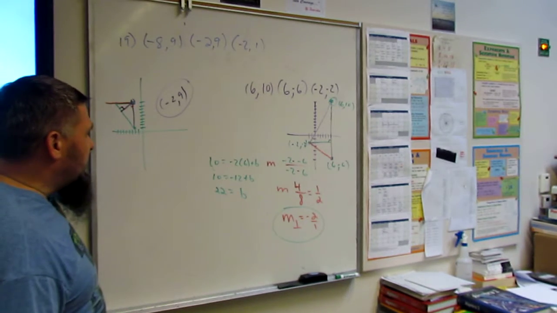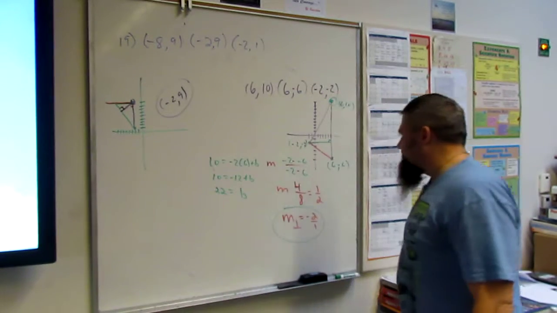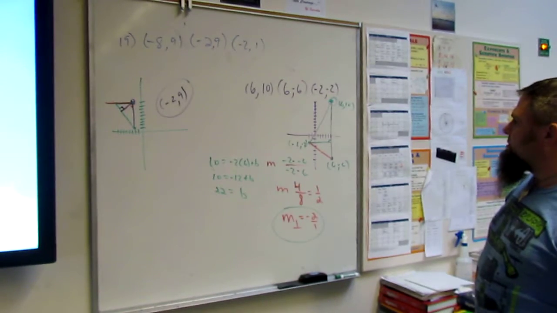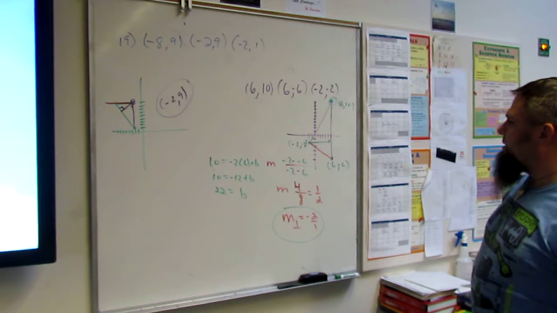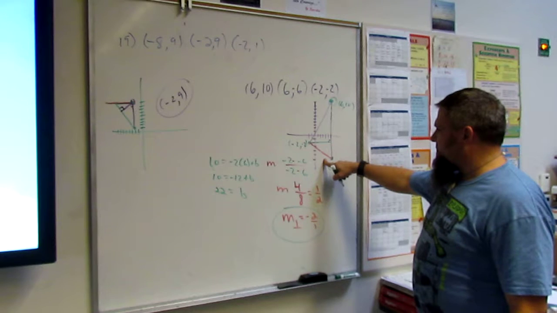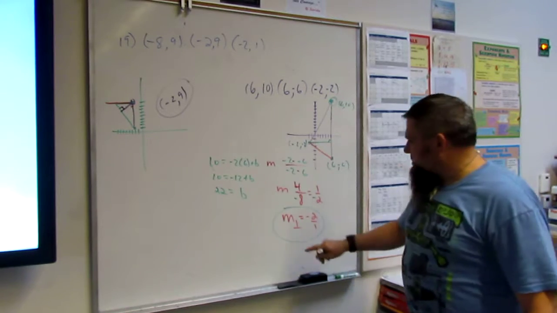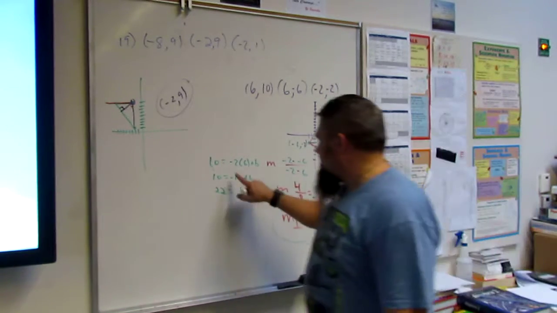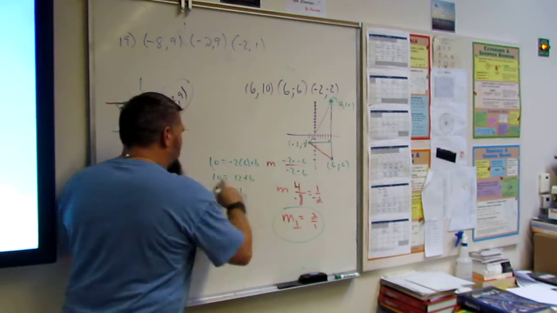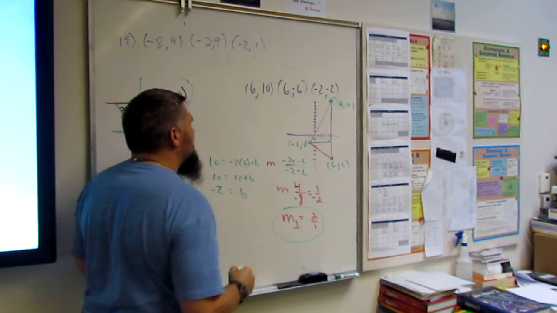So y equals 22 with the negative 2. That's impossible. Wait a minute, this slope is negative. How did that come out negative? Oh, because this is negative 8. So this should be a positive 2. So this should be a positive 12, which would make this a 2. Minus 2. There we go.